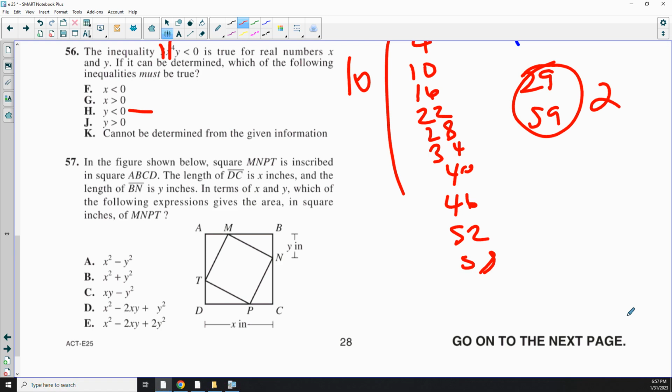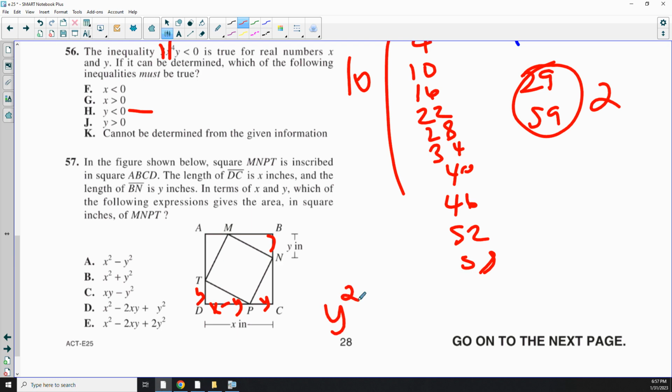MNTP. So if this whole thing is x and this is y, then this is going to be x minus y. So all of the sides of the square on the inside are Pythagorean theorem.